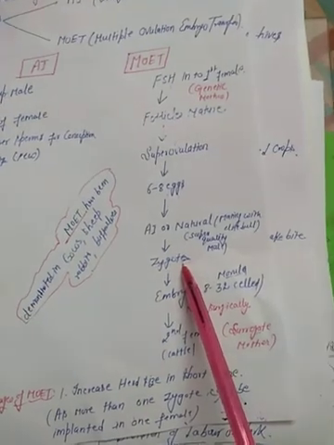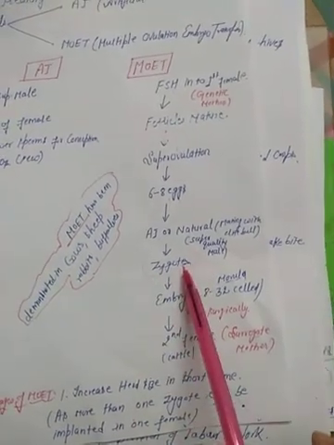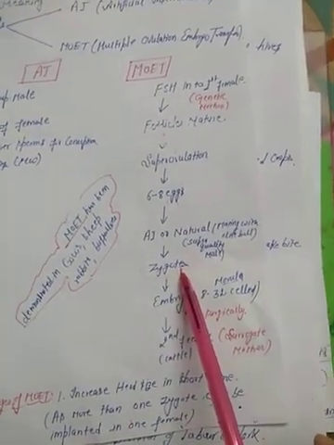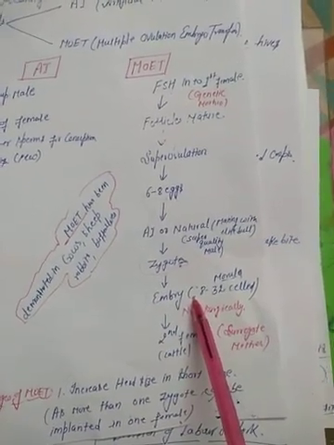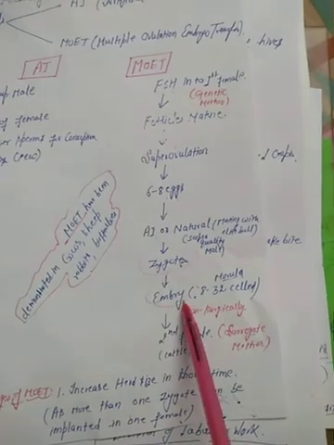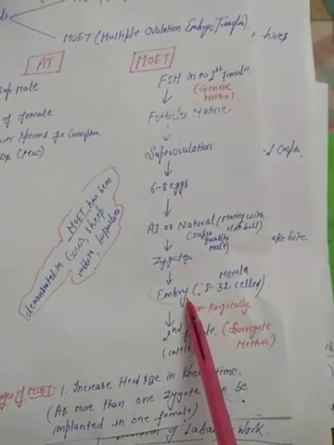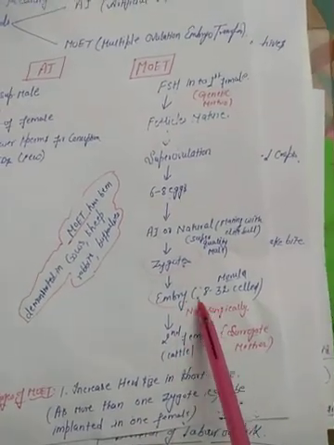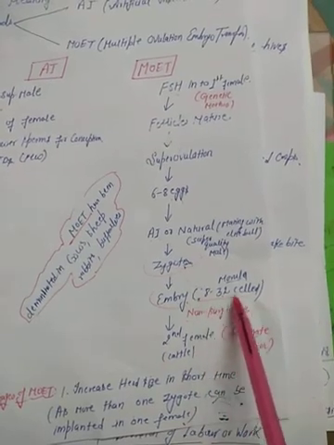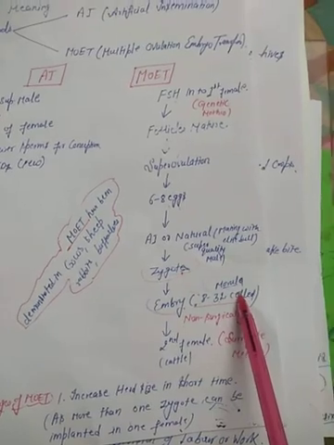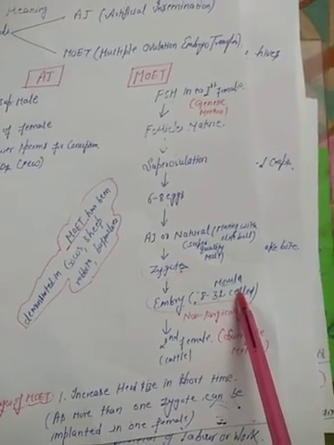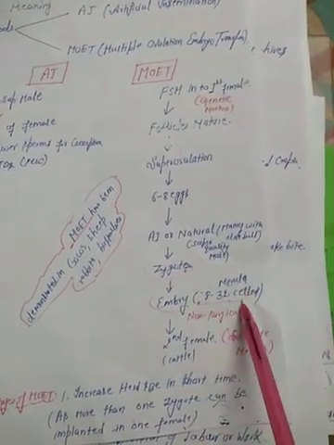Then what will happen after this? The cell division will be there. By mitosis, there will be the formation of the embryo. Few celled stage is called the embryo. Several stages are there, like the gastrula, blastula, morula, right?